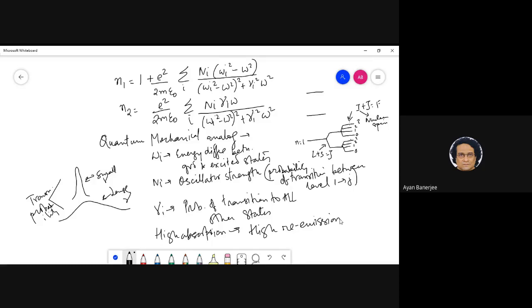Let me just extend this. When we were discussing the Brewster angle, what were we saying? We were saying that the whole premise of the Brewster angle was that the electron cannot radiate, or re-emit, in the direction of the reflected field. That is why for incident p-polarized light, you don't have a reflected component.